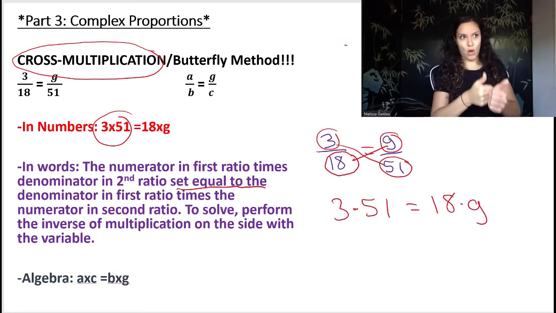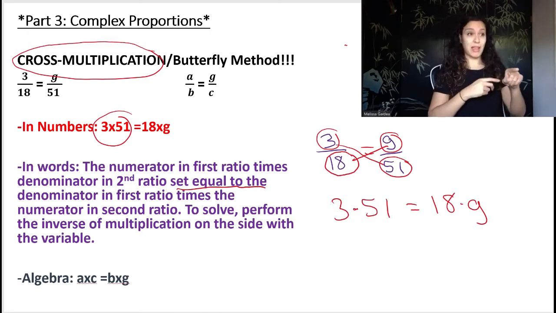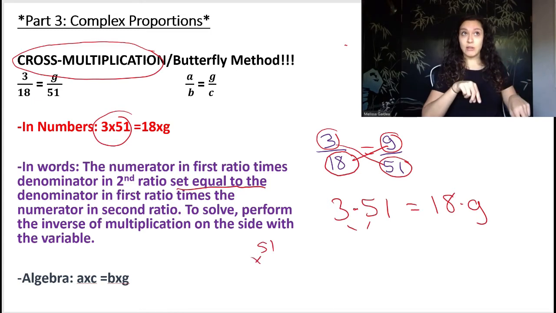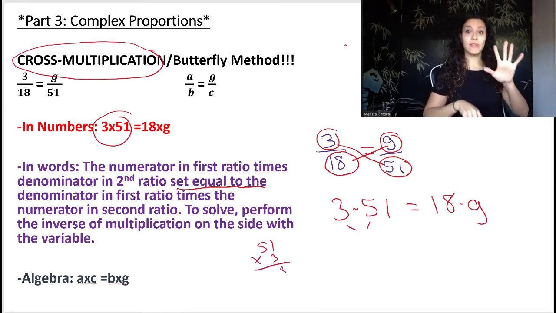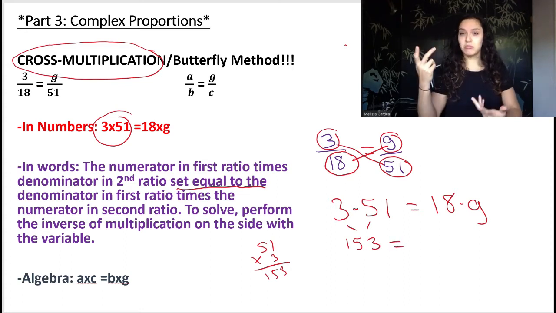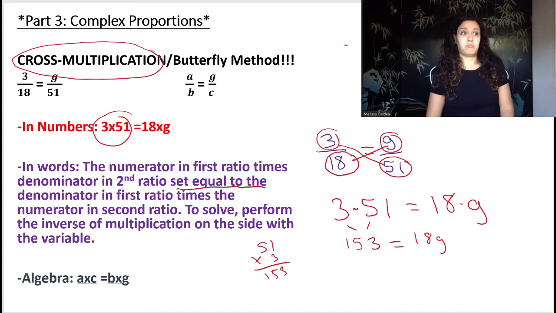That's what you're going to be doing. So when I solve this, 51 times 3, I get 153. 153 equals 18 times G. It's just 18G. It just gives me a one-step equation.